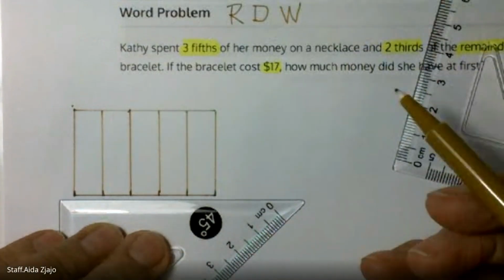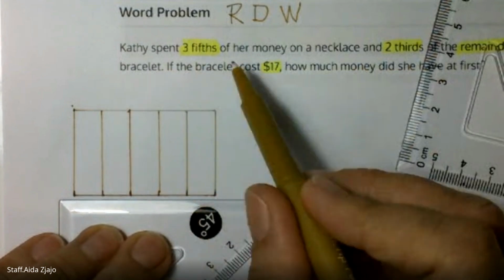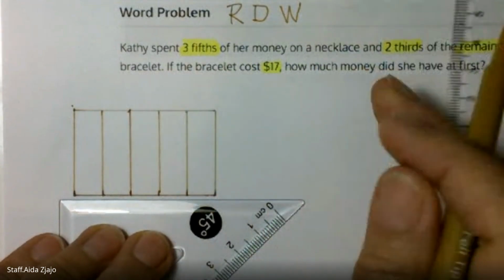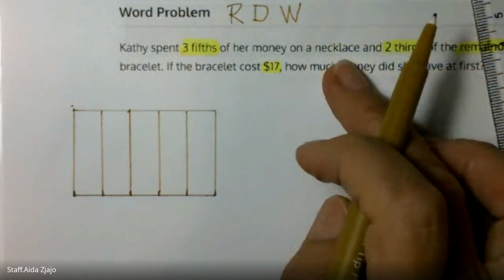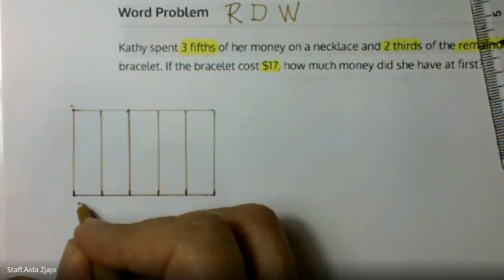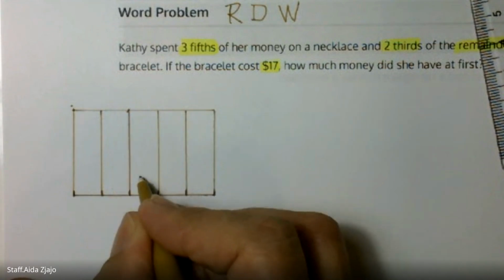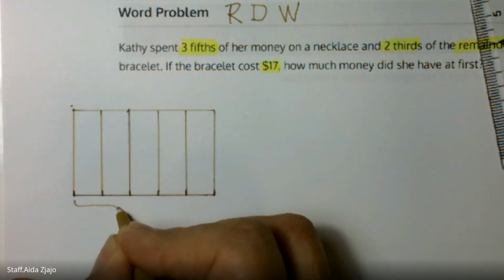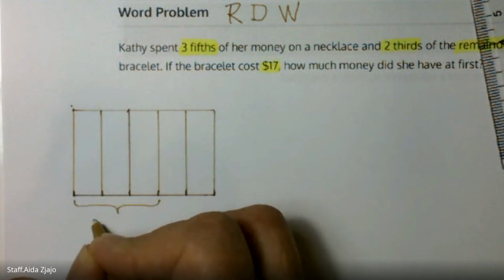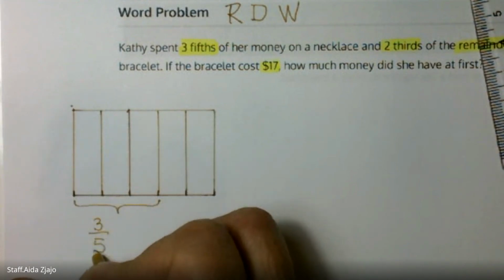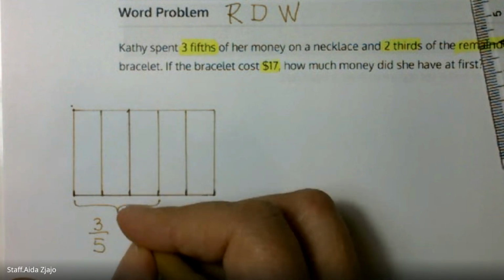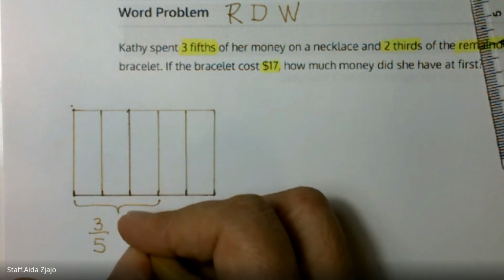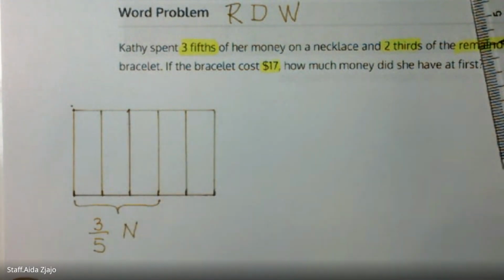So now 3/5 of her money she spends on the necklace. So if we label this 1, 2, 3/5, this should be 3/5 on the necklace. I will just label N for necklace.